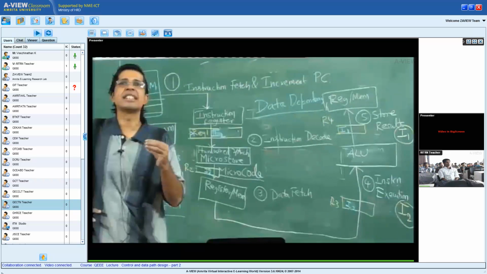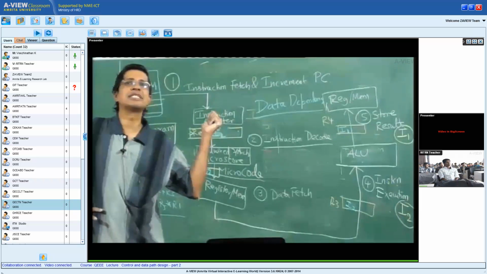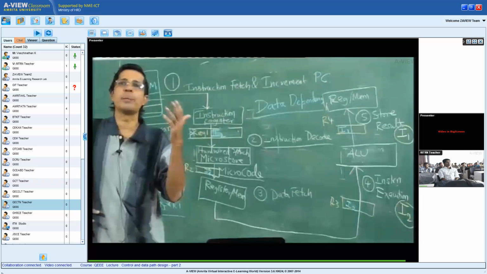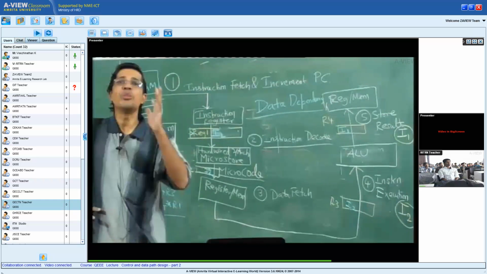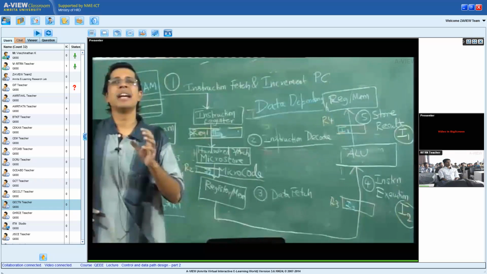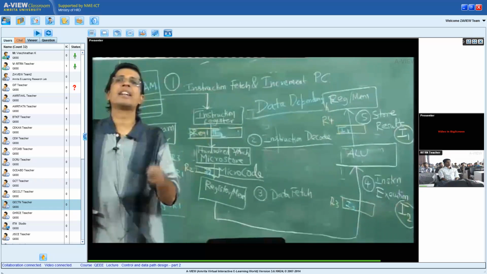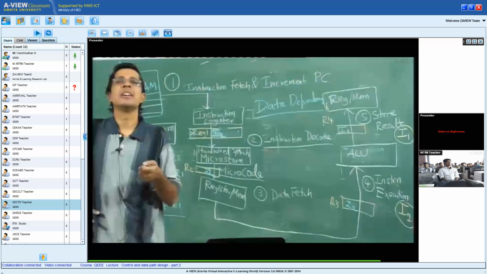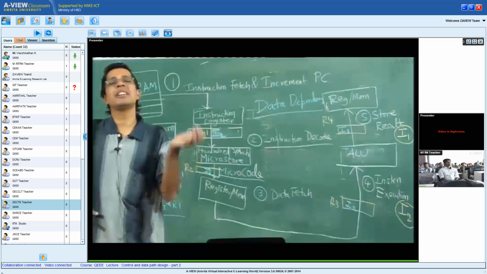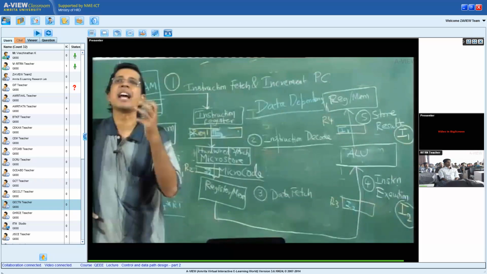There are hazards that could be handled by the hardware. One such hazard is data dependency, and we will be talking a little more on control dependency etc. And if there are errors that could not be handled by the hardware, then it stops the execution of the instructions and raises something called an exception. Once an exception is raised, the operating system takes control and handles it.